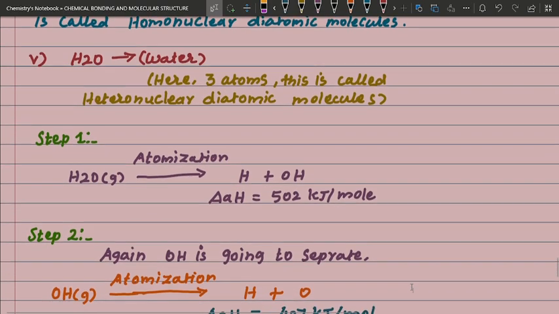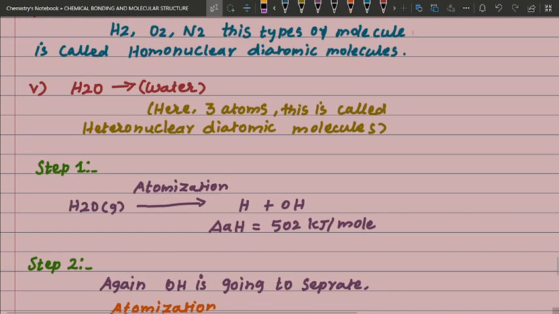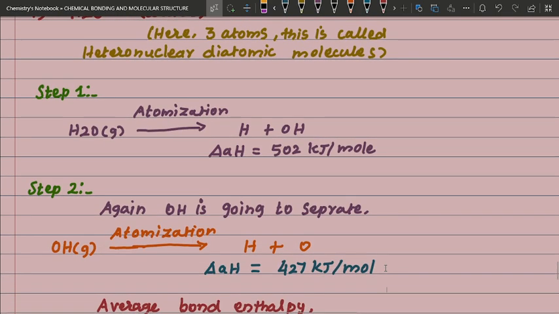Next, H2O, water. Here there are 3 atoms; this is a heteronuclear molecule. Please see carefully: how do we atomize the water molecule, because here there are 3 atoms? See the steps. Step 1: H2O in the gaseous condition, we atomize it, splitting into H and OH.